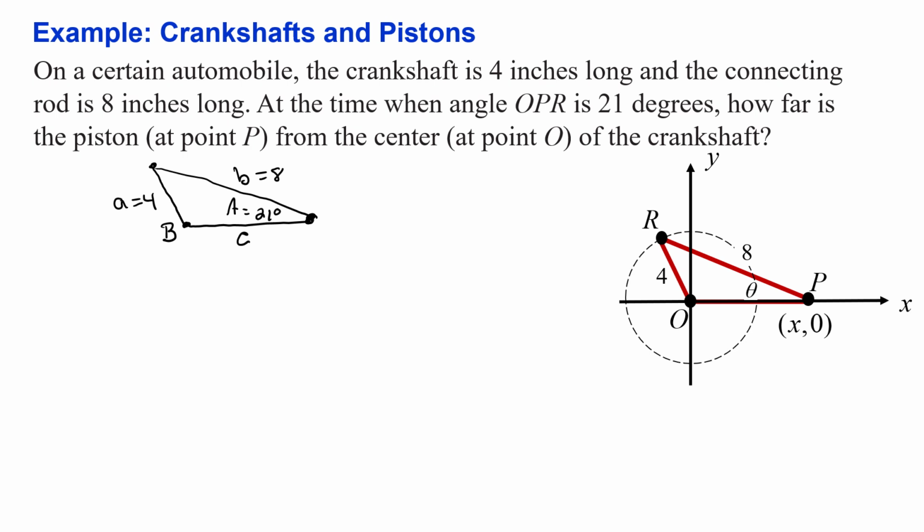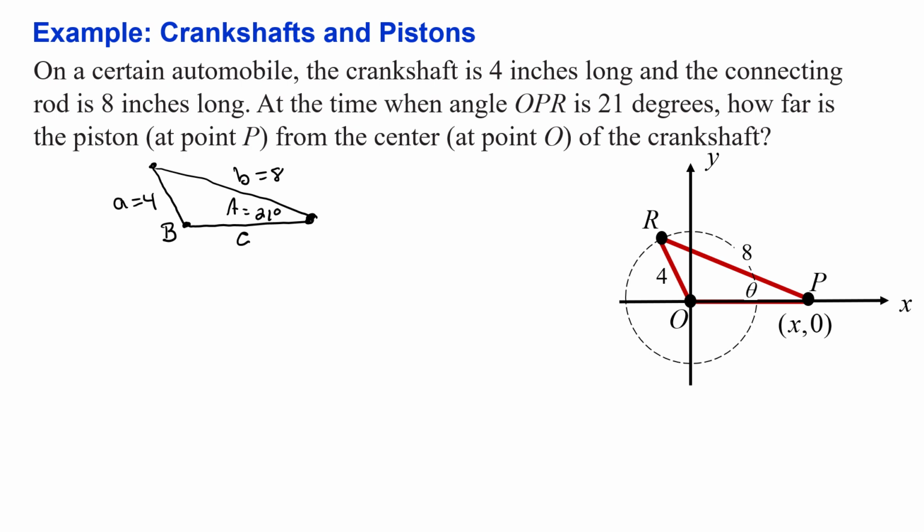Label line segment OR as side A, which has a length of 4 inches, and label line segment RP as side B, which has a length of 8 inches. Angle OPR has measure 21 degrees and is opposite side A, so let's denote it angle A. And finally, angle ROP is opposite side B, so let's label it angle B.